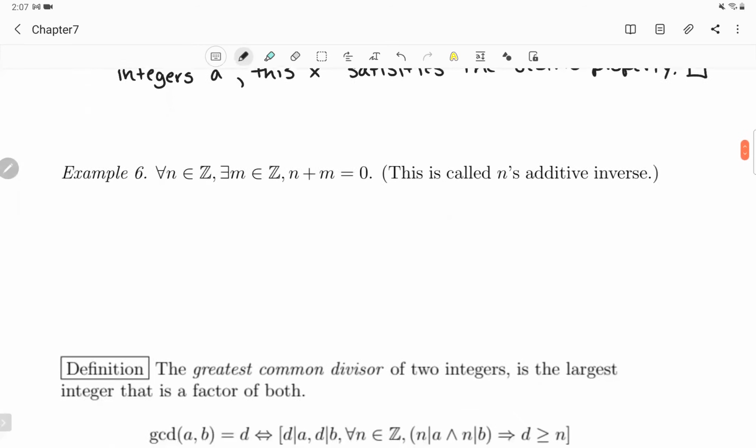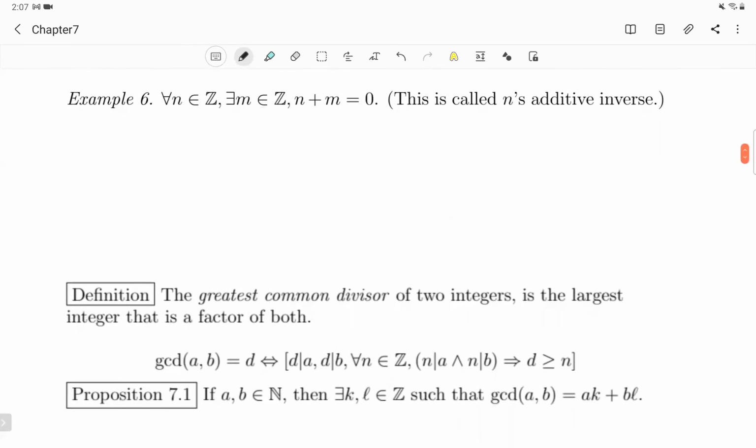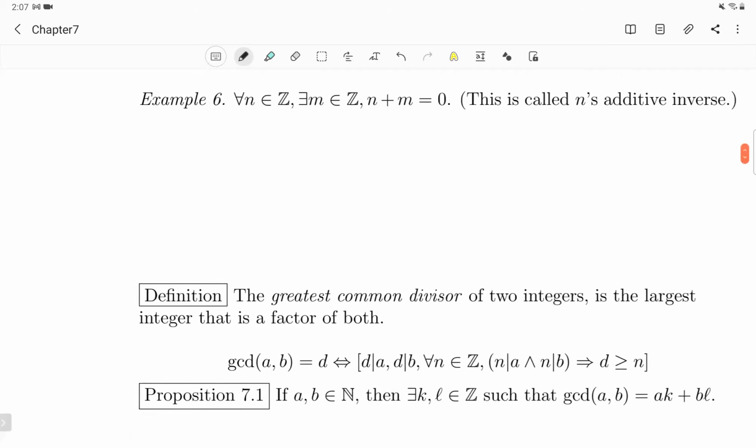Okay. So let's look at one that's a little different, but still the same idea. It's saying for every integer, there is another integer such that their sum is 0. Notice the order these come in here.